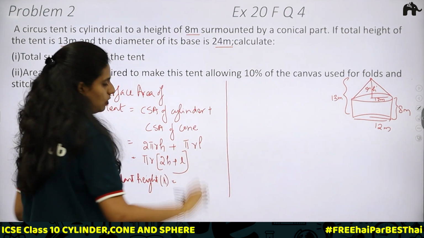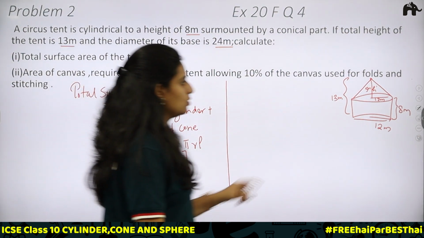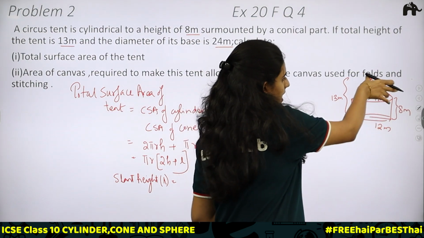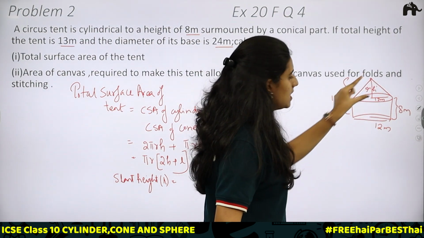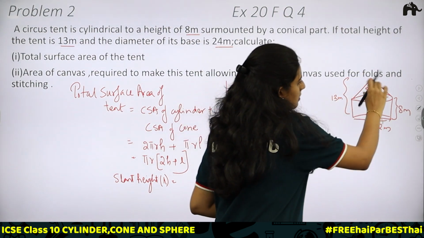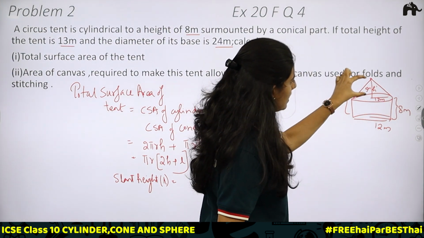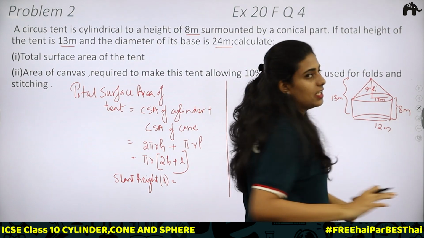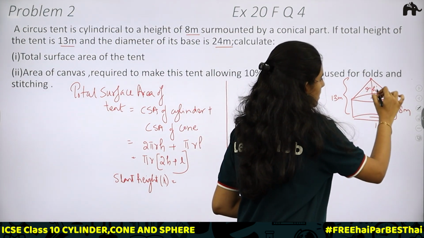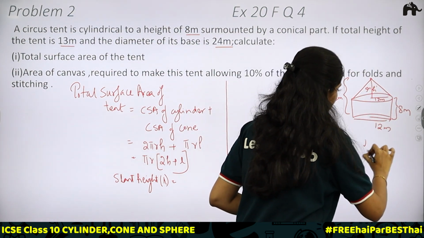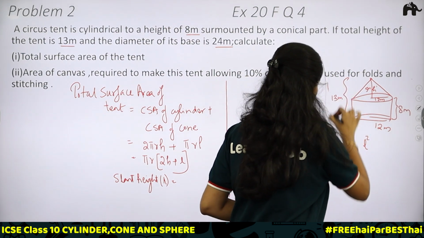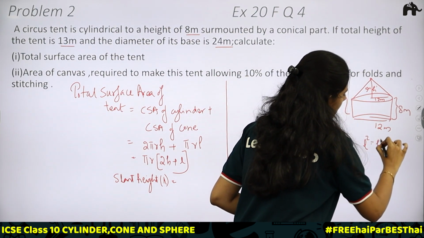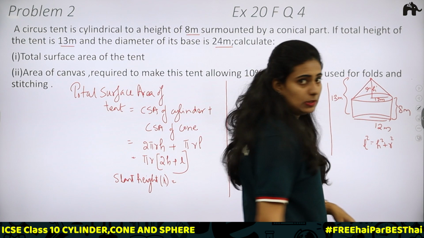How to find slant height? We will use the Pythagoras theorem. Slant height square is equal to base square plus height square. Here the base is 12 meter and the height is 5 meter. We have a Pythagorean triplet 5, 12. So L square is equal to h square plus r square.